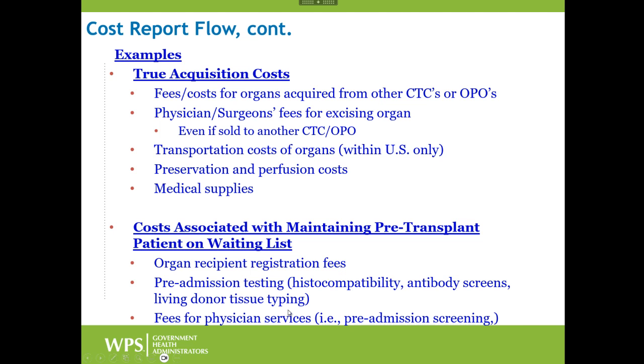In order to acquire an organ successfully and send it to the right location where that patient is, you need to know this information about the potential patient on the waiting list, who's next in line, who's likely to get it. Because if, let's say, someone in one part of the state seems like they're the right candidate, but then you test them and it's not compatible, then you now need to transfer it to a different location. And if you don't do it timely, of course, the organ might expire. So that's the key thing. That's the reason these costs are allowed.